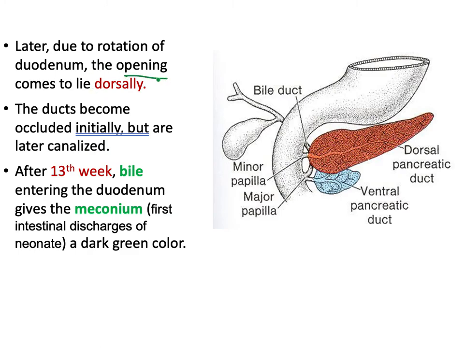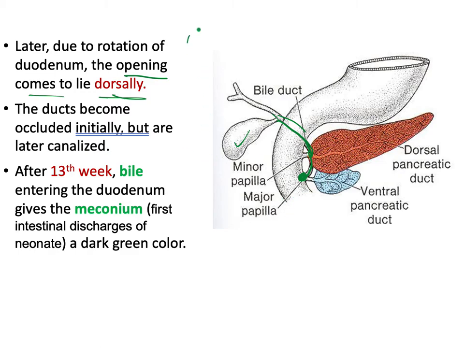As I mentioned, the opening now comes dorsally, as you see here. This is the gallbladder, and this is the bile duct, posterior to the duodenum now, opening into the second part of the duodenum. Similar to the esophagus and duodenum, the bile duct is obliterated temporarily, then it opens and recanalizes later.